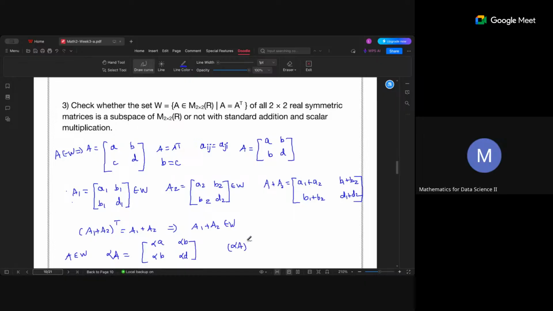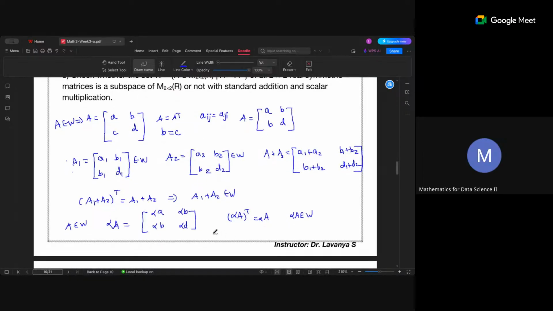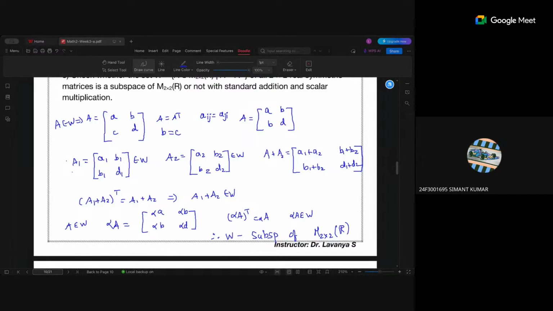Alpha A whole transpose is the same as alpha A, and hence alpha A belongs to W. So it means W is a subspace of M2 by 2 of R. In the case of matrices also, the process is exactly the same. Is this example clear for everyone? Yes, ma'am. Okay, good.